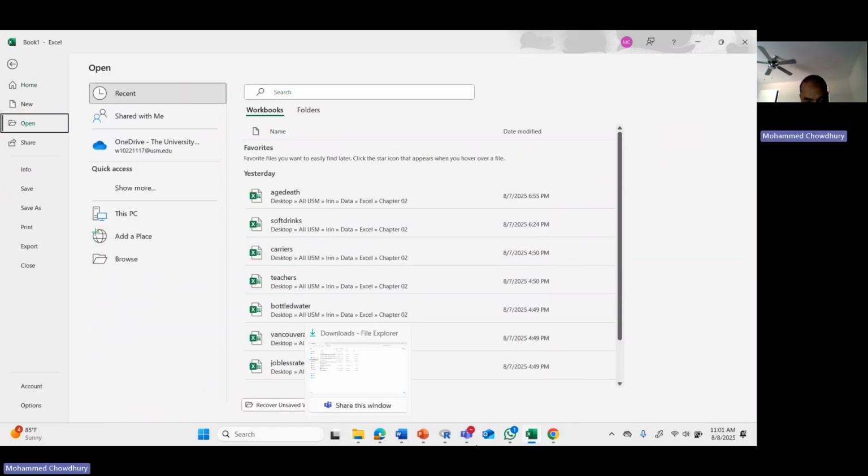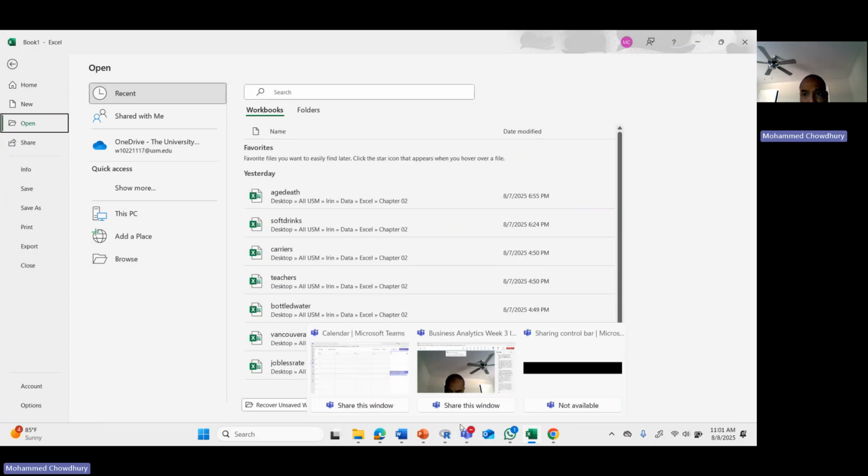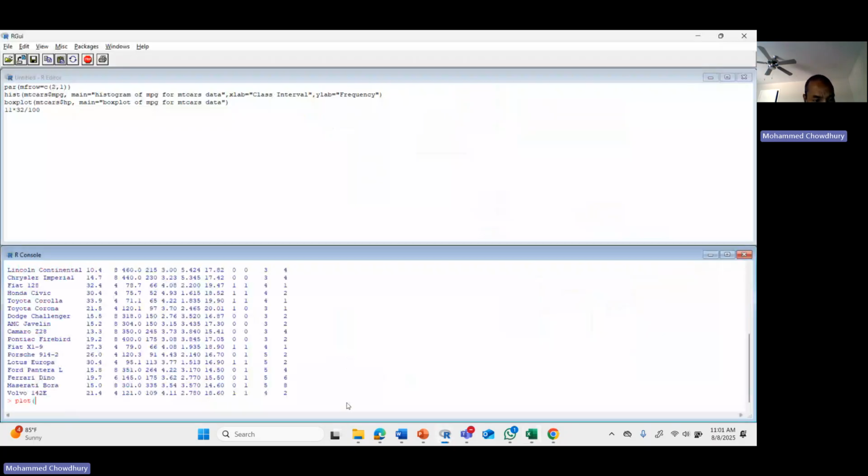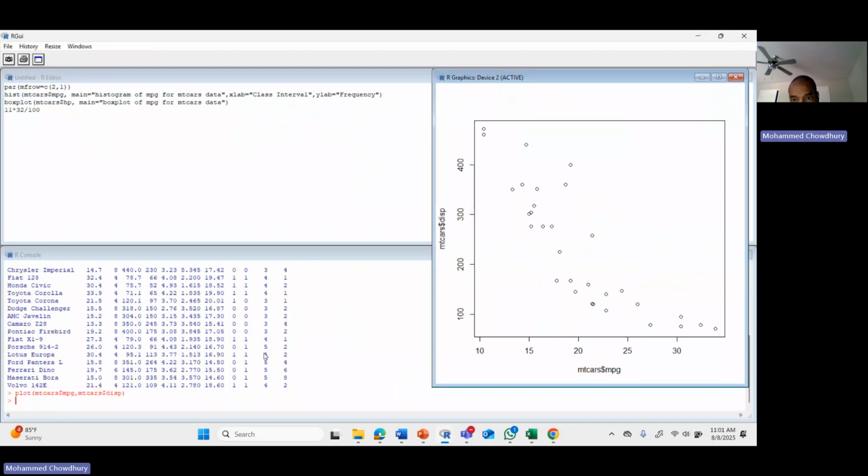Okay, let me quickly show you a scatter plot using R, the mtcars data. If I want to plot mtcars dollar sign mpg, and mtcars dollar sign disp, if you hit like this, this is the scatter plot. One is going up, another one is going down.